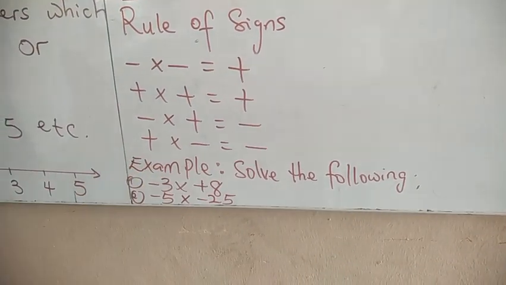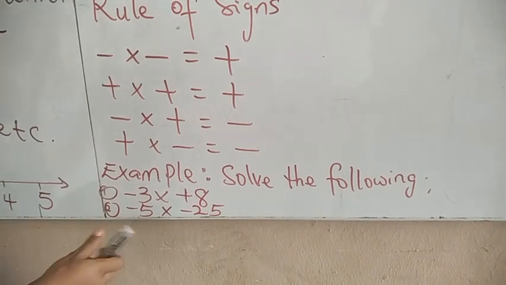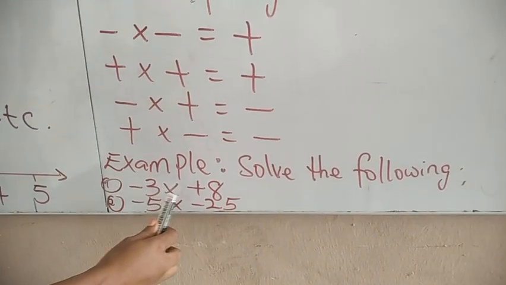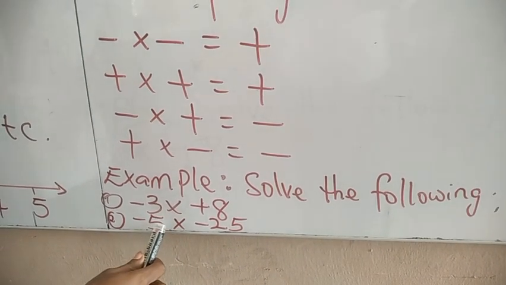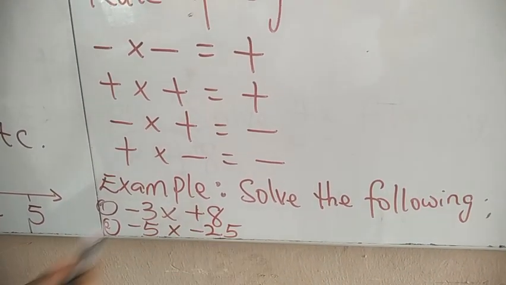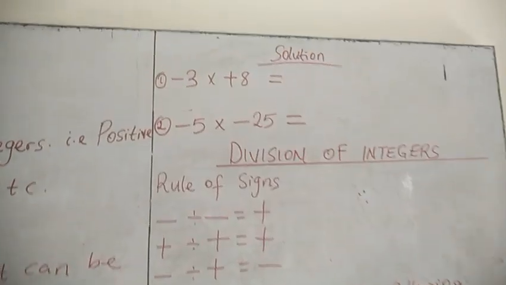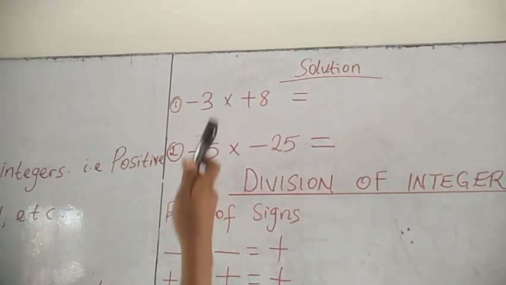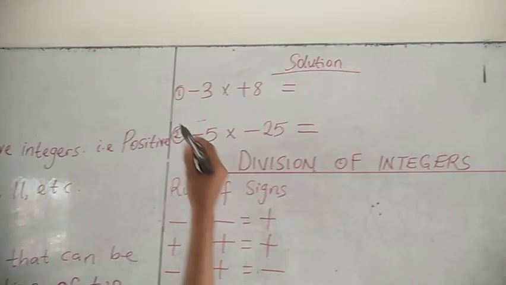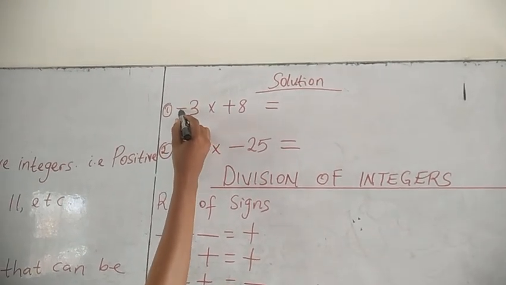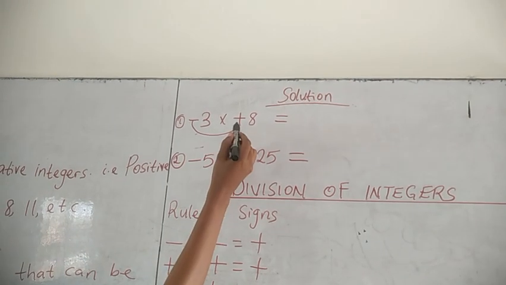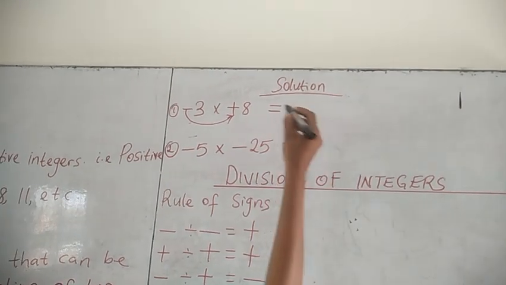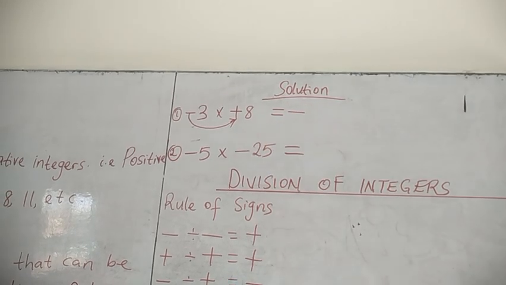Example, you have to solve the following questions. The first question says -3 times +8. And the second question is -5 times -25. Now let's solve the questions. -3 times +8. When you want to solve a question like this, you need to multiply the signs first. Negative times positive, minus times plus. According to our rule of signs, minus times plus gives a minus.